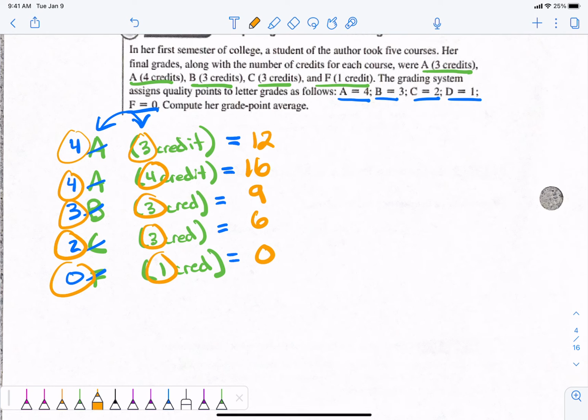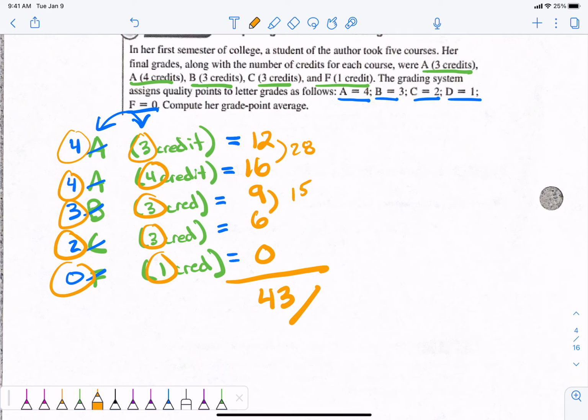She's getting no points for not going to that class. If we add all of those up, this is 28, this is 15. 28 plus 15 is 43. Somebody check my math. 43, okay? But we have to divide that 43 by something.